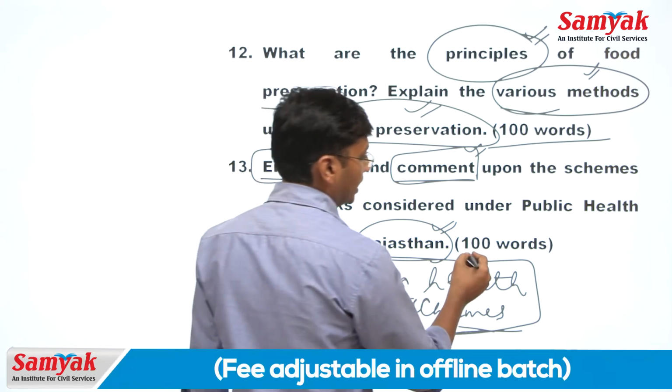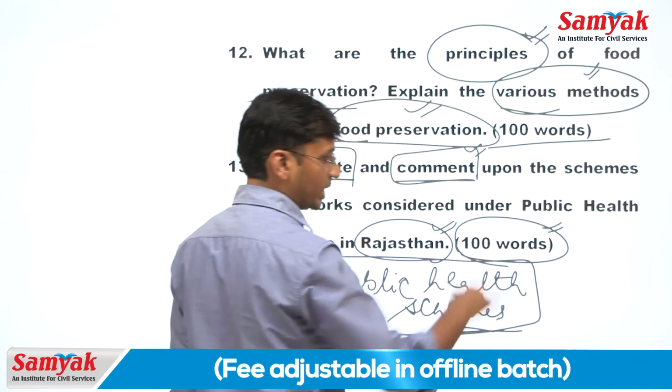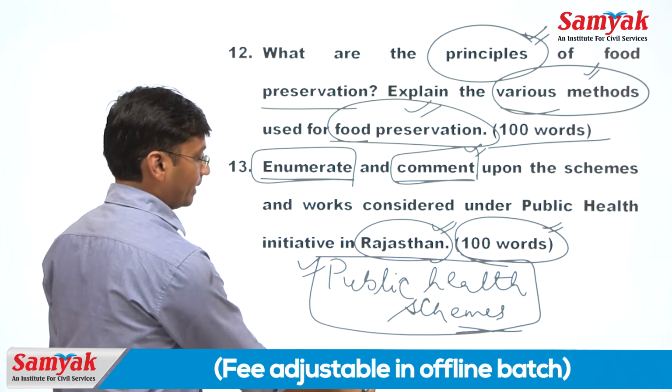So, you have to enumerate, means write the names of all those schemes, and second, comment upon the schemes and works considered, means write a note on all these schemes. You have to write this question in 100 words and it also carries a weightage of 10 marks, okay.